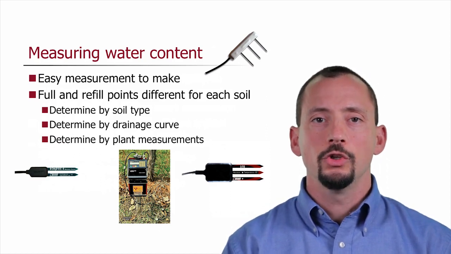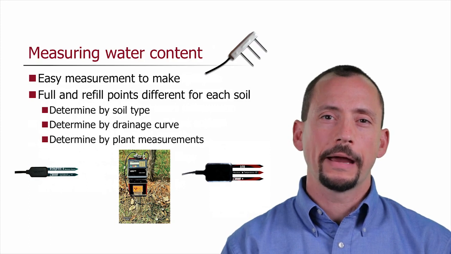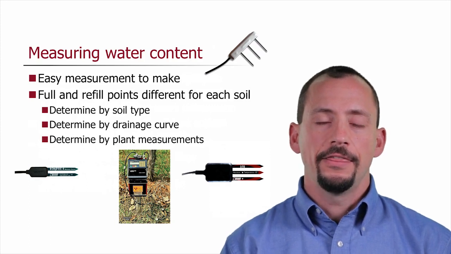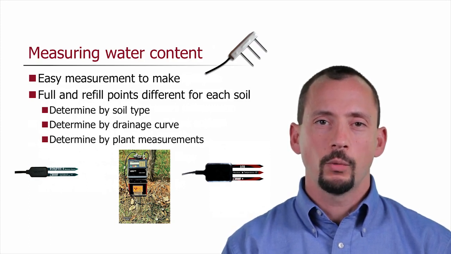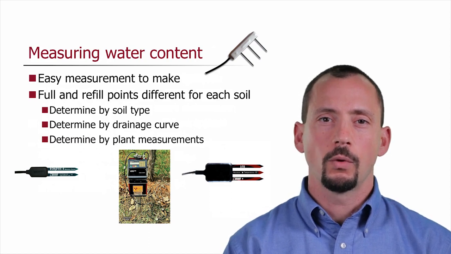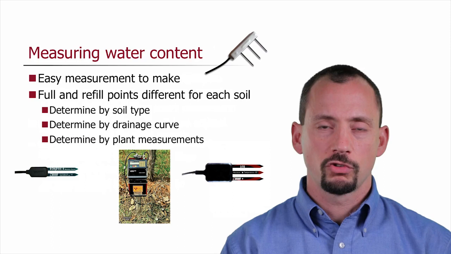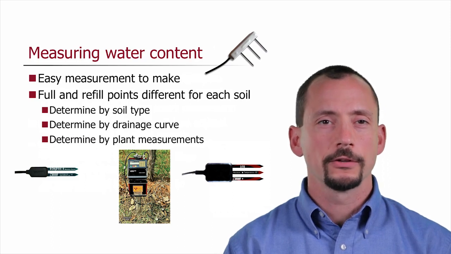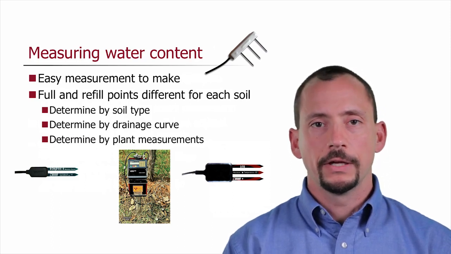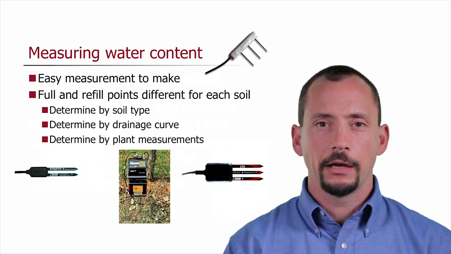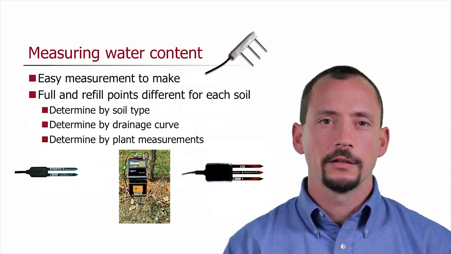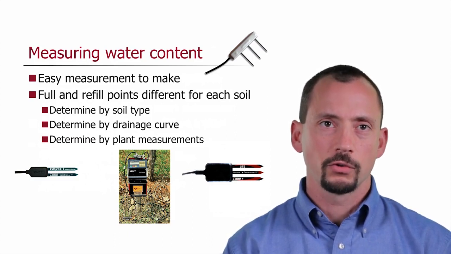Let me back up and say that the water content at which you would turn your pumps on and the water content at which you would turn the pumps off are different for each soil. Each soil holds water differently, and so in a sandy soil you're going to be irrigating to a much lower water content than you would be in a high clay soil.